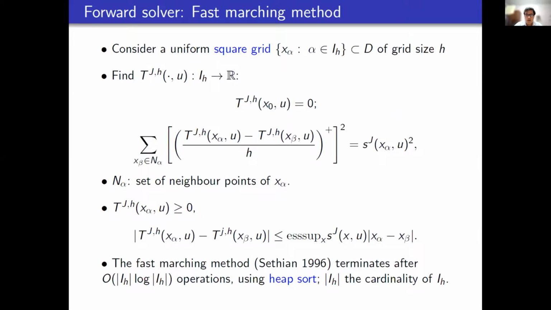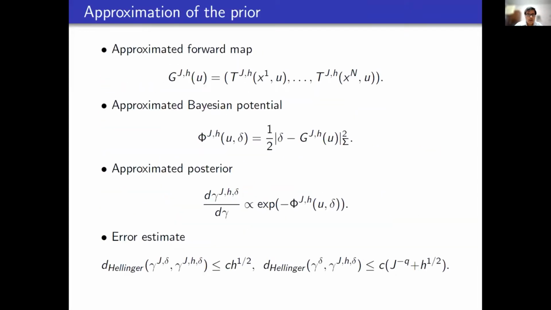So what it means is that we can always find the numerical solution T_Jh here. So that is why we can always define the forward map Z_h. It is defined in exactly the same way for the points x_1 up to x_n inside the domain D. And the mismatch function phi_Jh is defined in exactly the same way for each sample u.